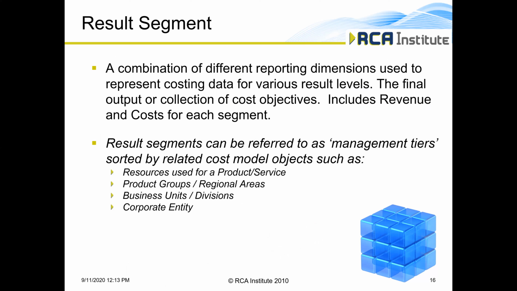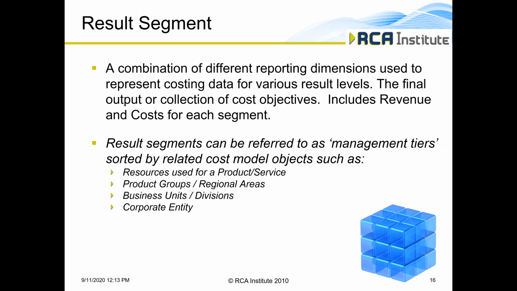A results segment also includes revenue, and it starts to incorporate also the resource use or the costs that aren't causally assignable. So if you have excess capacity, those are assigned to a results segment.